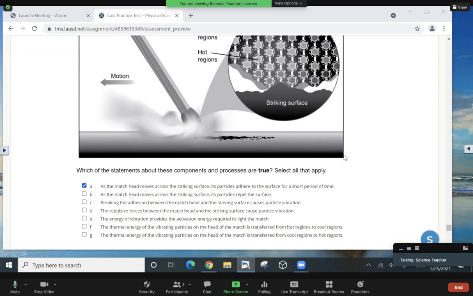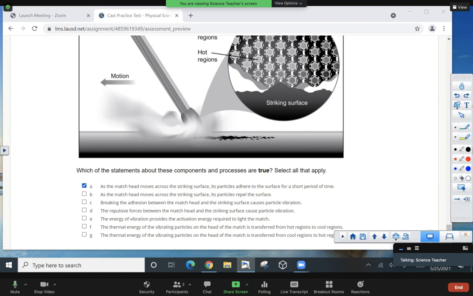As they come closer and closer to each other, it causes vibration to make a type of reaction. That's what the vibration is. So we can easily say that C has to be one of them.